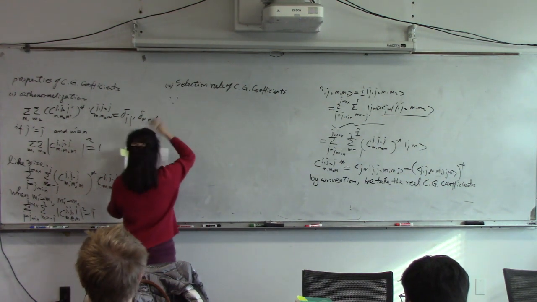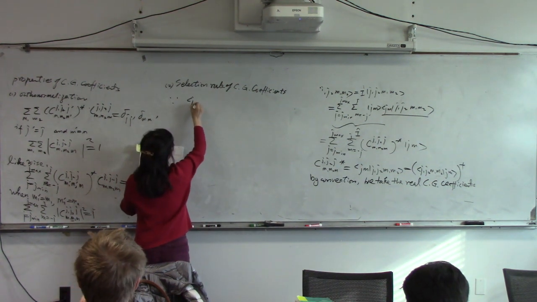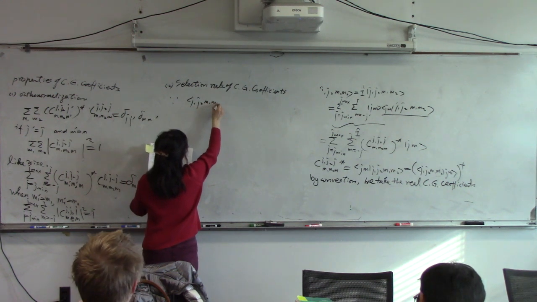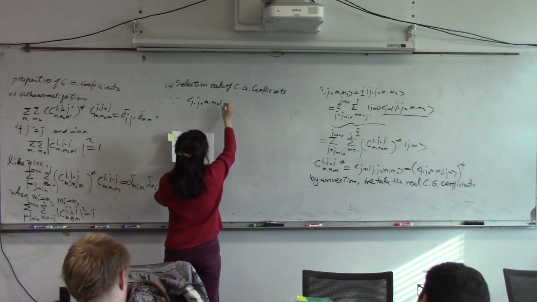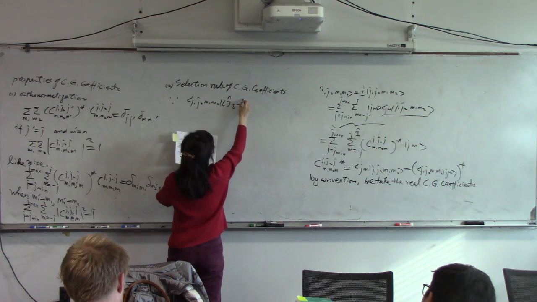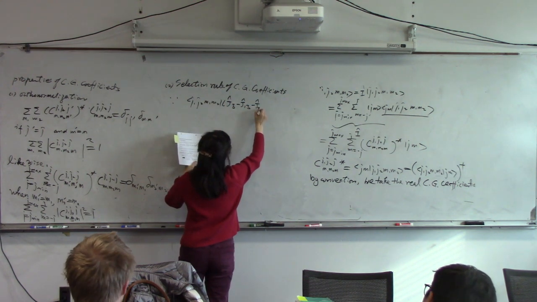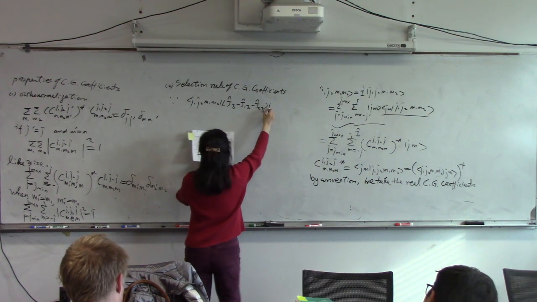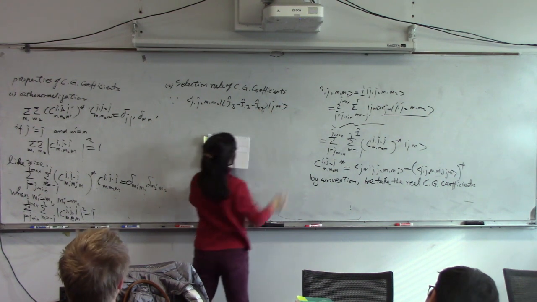So let's look at this. J1, J2, M1, M2 with this operator Jz minus J1Z minus J2Z, and J, M, between these two states, right?